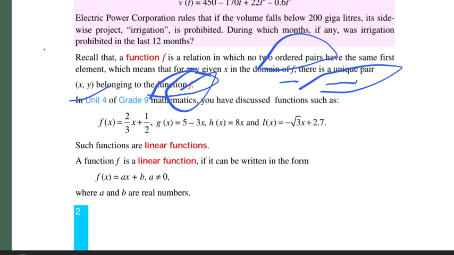In grade 9, you have seen this function in unit 4.